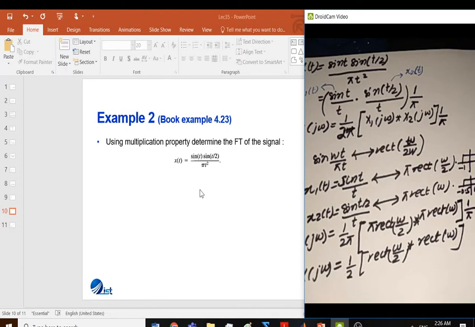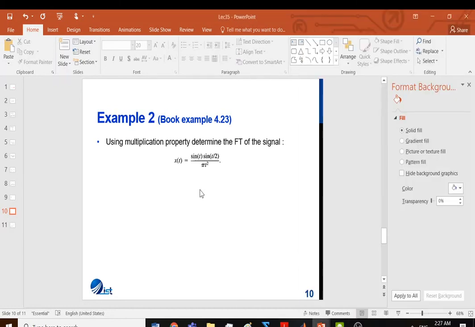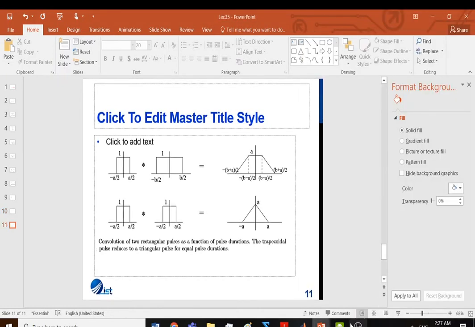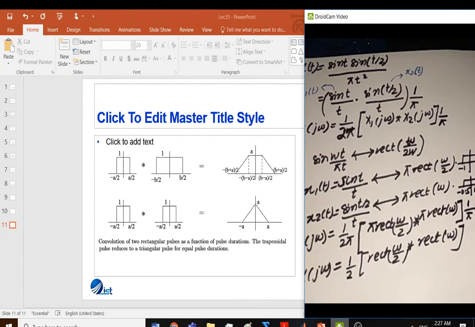So we'll briefly go through the ranges of the signal and discuss the shape, so that you know how to get the ranges and what the shape is. Whenever two rectangular pulses are convolved, we get a triangular function or kind of a triangular function, depending upon the width.